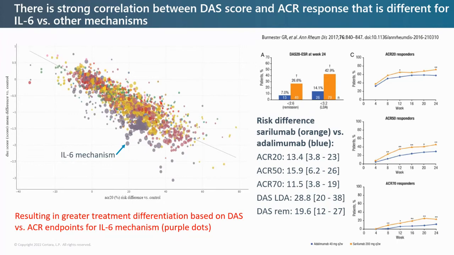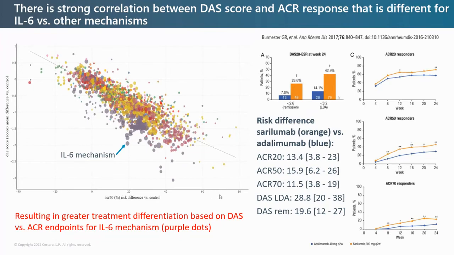This was shown in a head-to-head study of sarilumab versus adalimumab, where in a large phase 3 study, the difference in DAS low disease activity or remission, on the bottom here in the orange bars on this bar graph, is much larger than the difference in the ACR-related endpoints between sarilumab as an IL-6 compound versus adalimumab as a TNF.